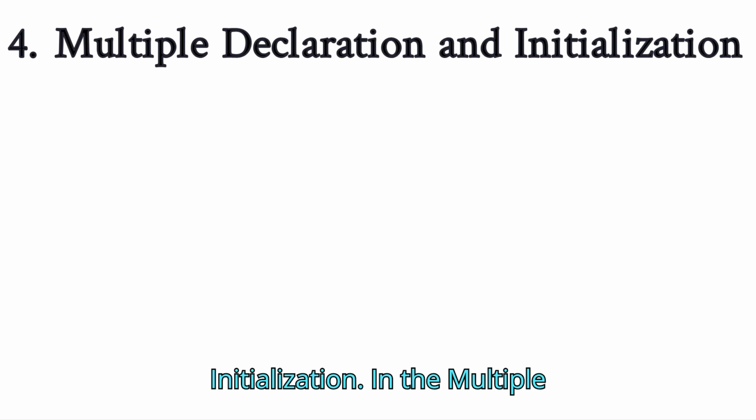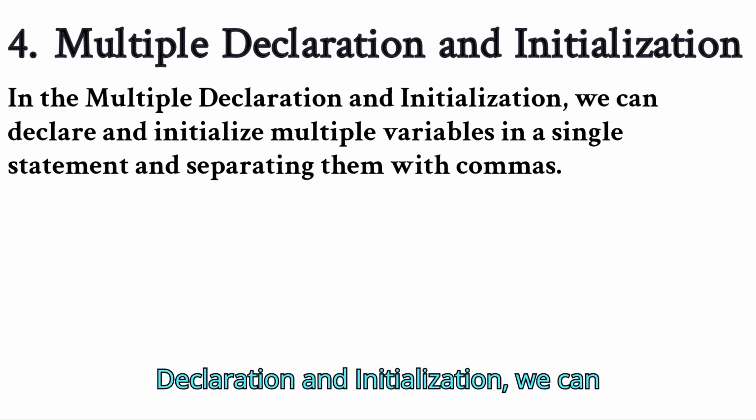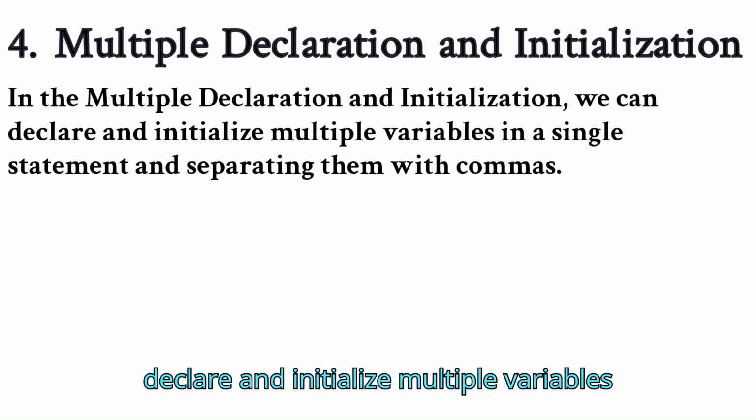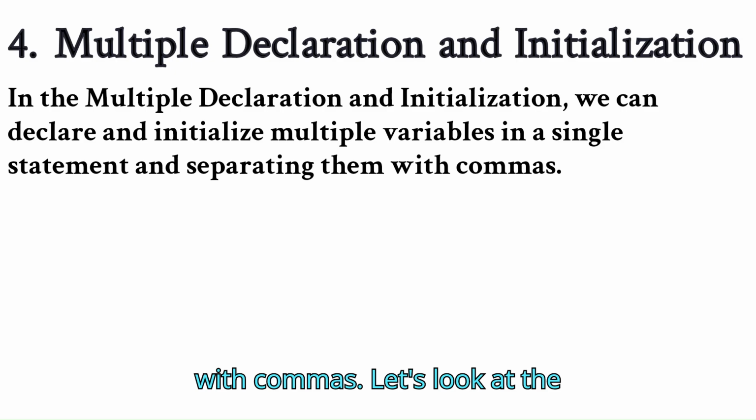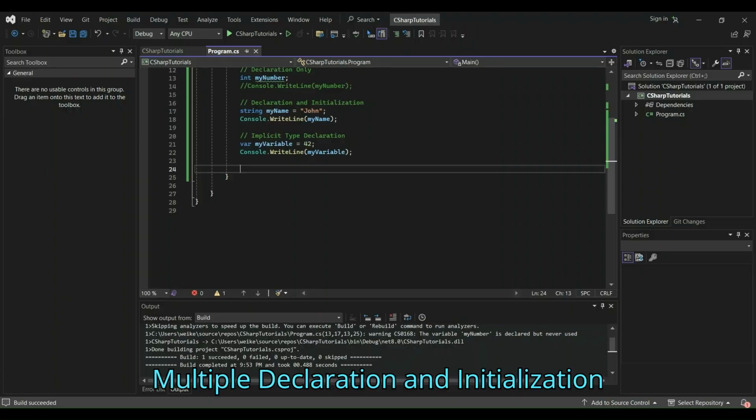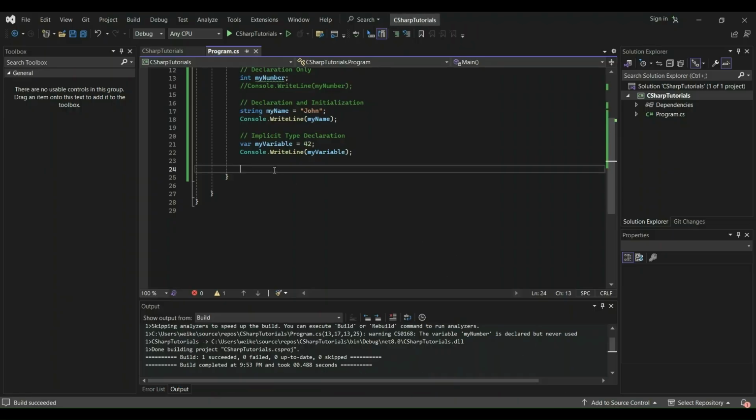Fourth, multiple declaration and initialization. In the multiple declaration and initialization, we can declare and initialize multiple variables in a single statement and separate them with commas. Let's look at the multiple declaration and initialization example.